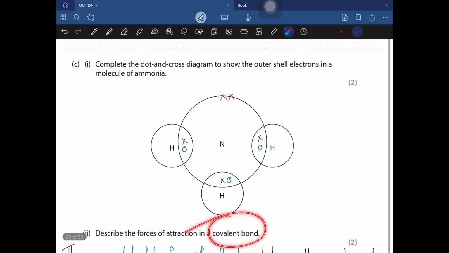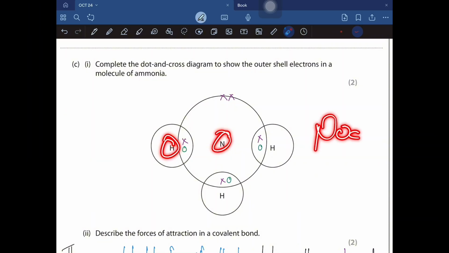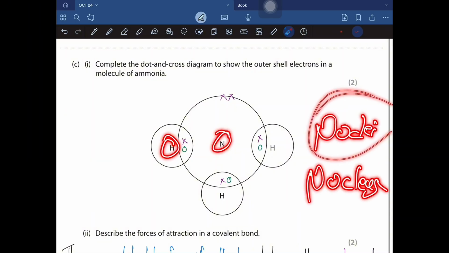Describe the forces of attraction in a covalent bond. There are electrostatic forces of attraction between the shared pair of electrons and the nuclei, which means the nucleus of nitrogen and the nucleus of hydrogen. Together these are what we refer to as nuclei. This is the plural form, not nucleus; nucleus means the singular form.